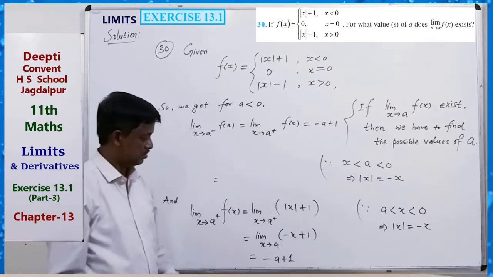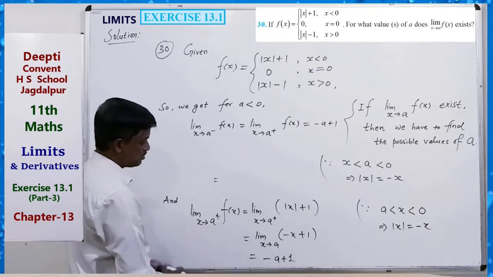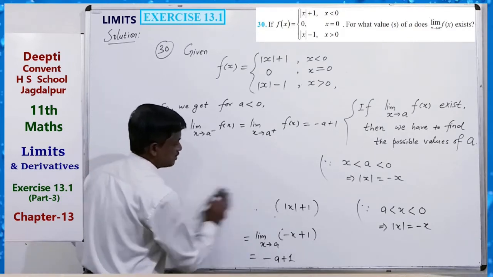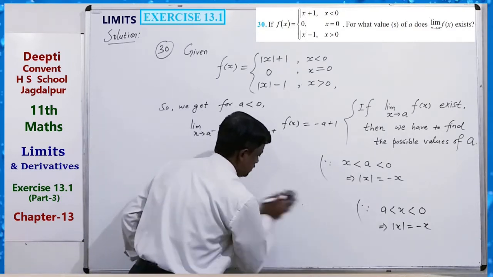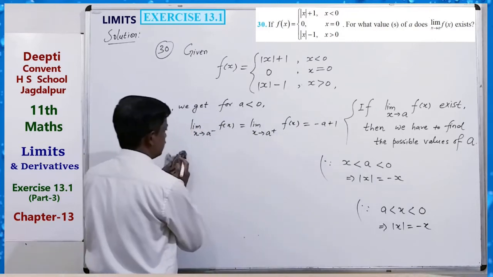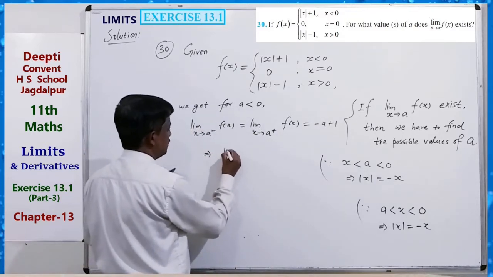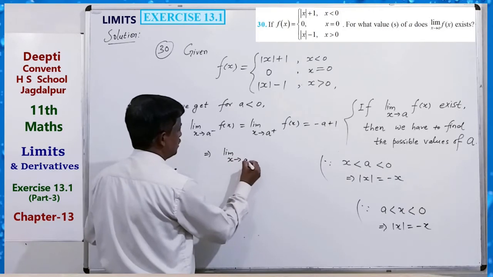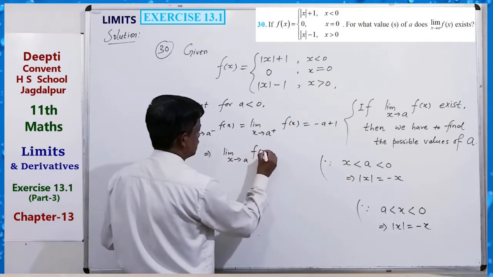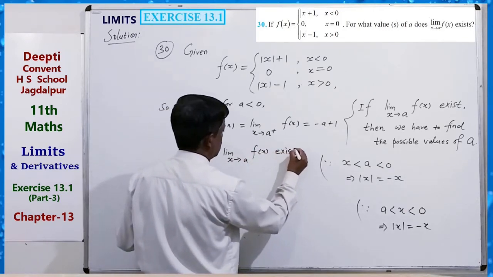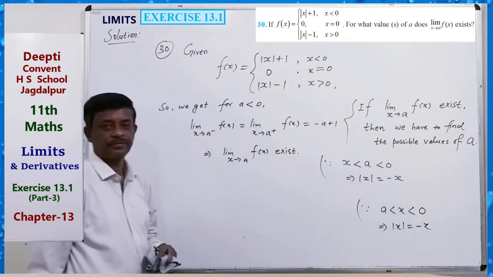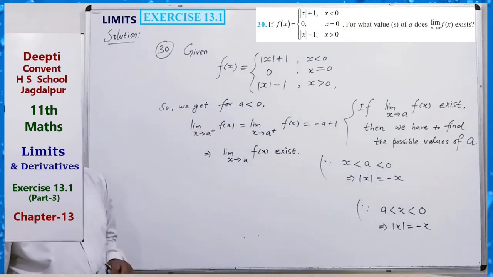Both are equal. Minus a plus 1 implies limit exists. So in this case, limit x tending to a of f(x) exists. Clear?